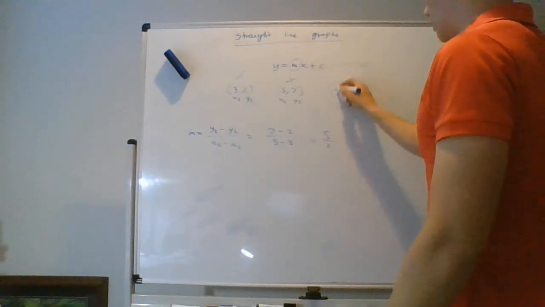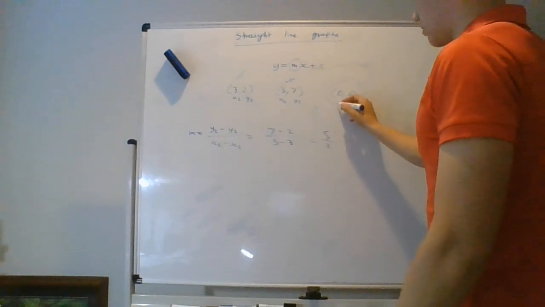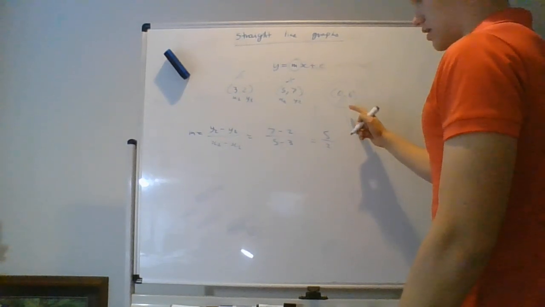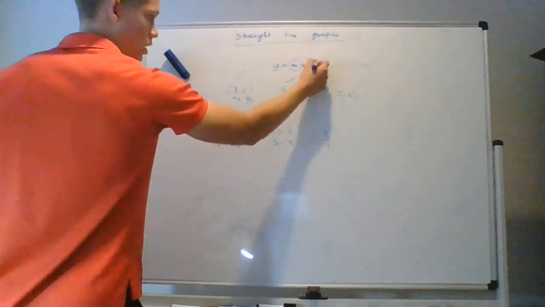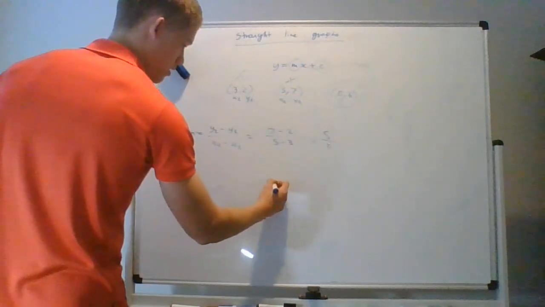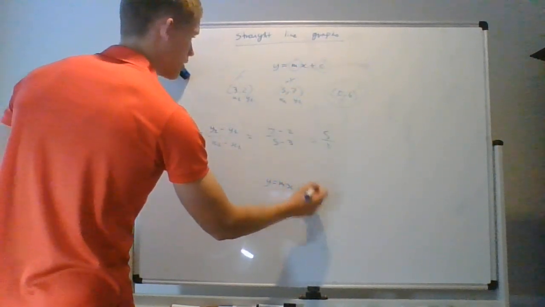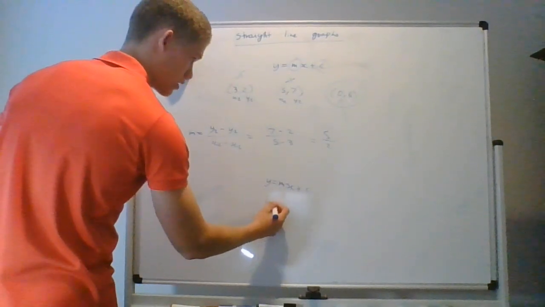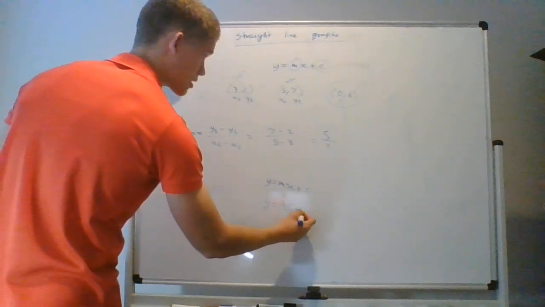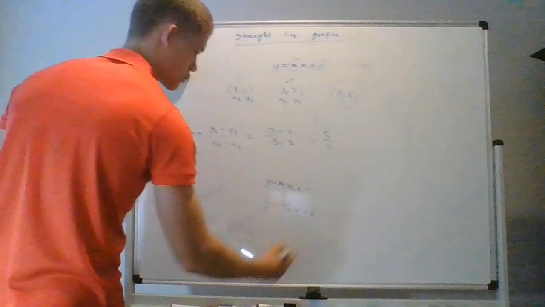They've given us this point. X happens to be 0, so we know that's our y-intercept. So we know our gradient and we know our y-intercept. So we can say the equation of these 3 points is y equals 5 over 2x plus 6.